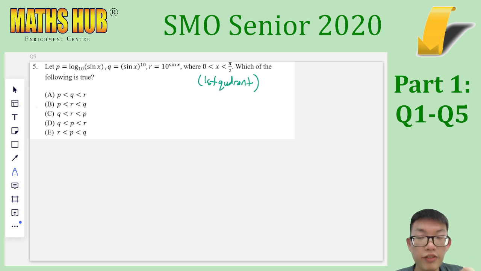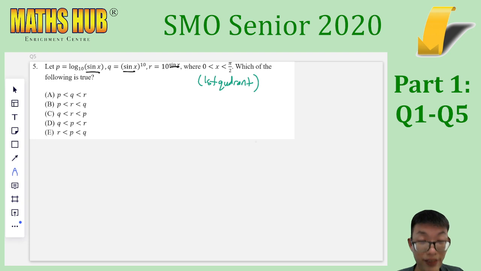At first glance, such questions may look intimidating. However, you notice that sine x is the subject of all three. In other words, all the three p, q, and r can be thought of as functions evaluated at sine x. We do know that x is in the first quadrant and x could be anywhere in the first quadrant.